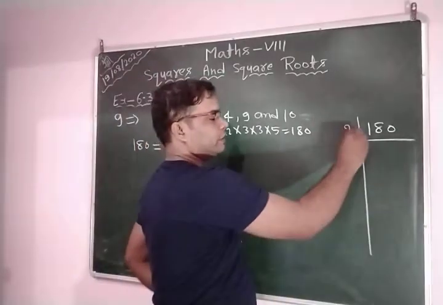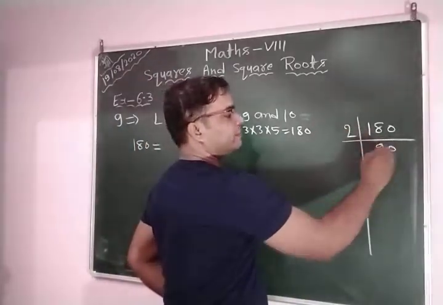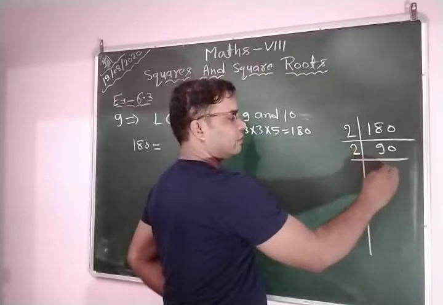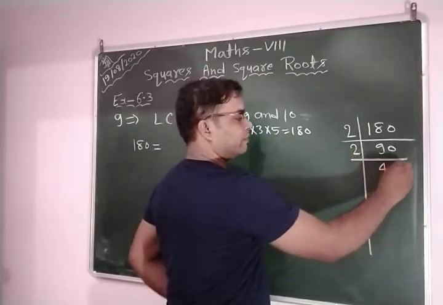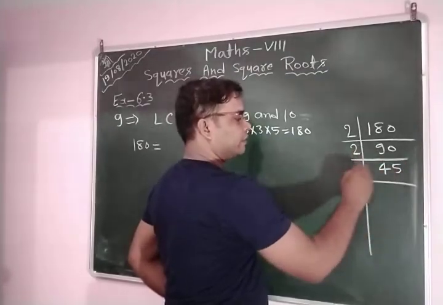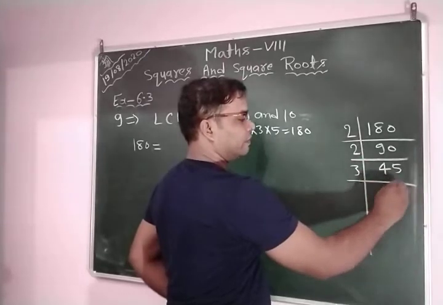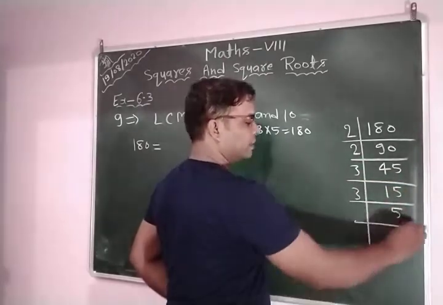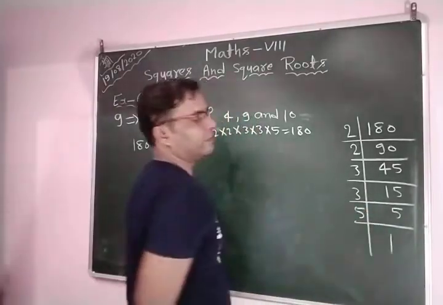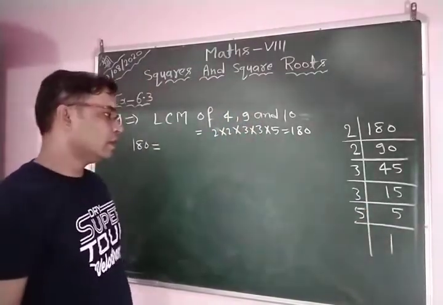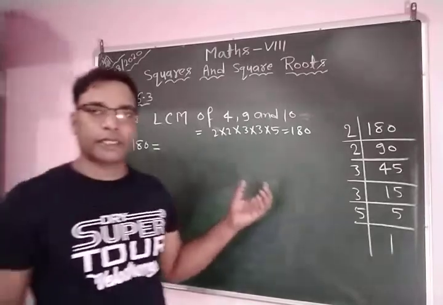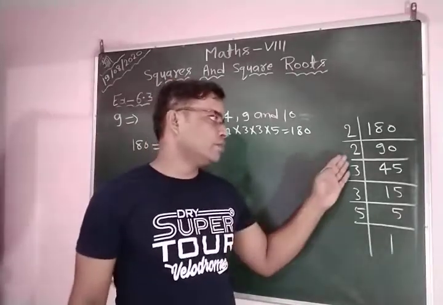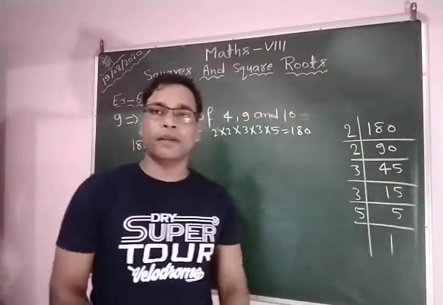180 divided by 2 gives 90. Again, divided by 2 gives 45. Divided by 3 gives 15. Again 3, and we get 5 and 5. So here you can see the prime factorization of 180 is 2, 2, 3, 3 and 5.